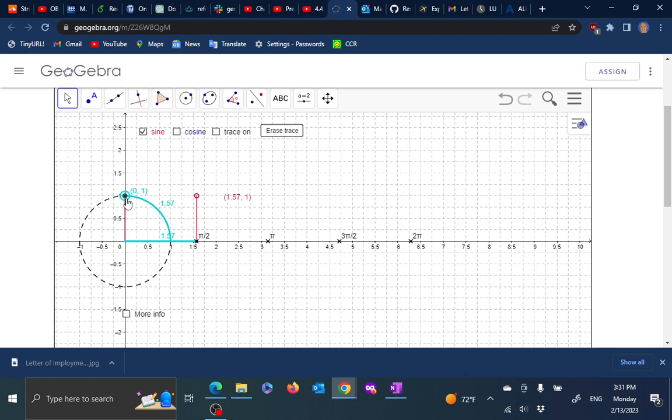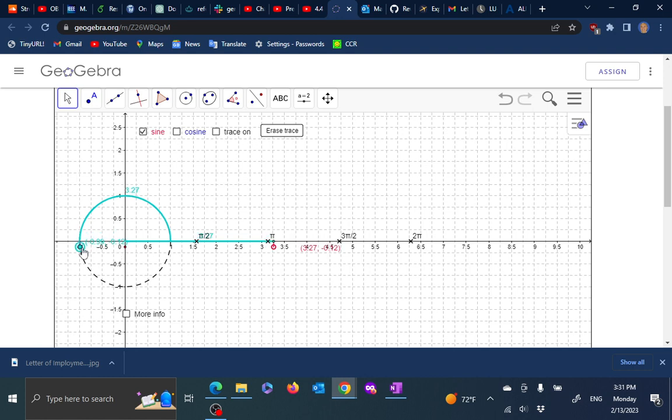Sine of pi over 2 is 1. So when this length is pi over 2, I want to look at a height of 1. And so on. If I go all the way to here, I've got to pi. Well, sine of pi is 0.